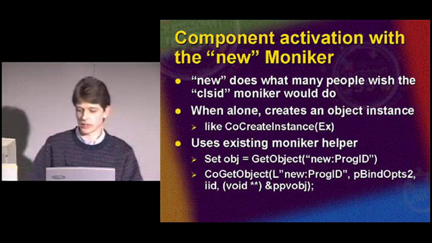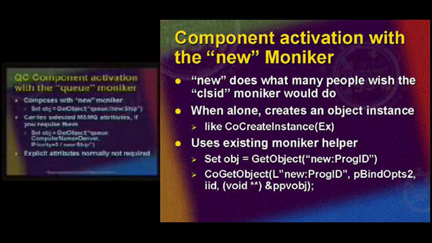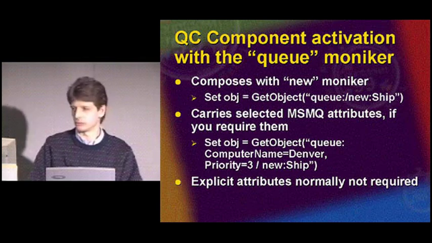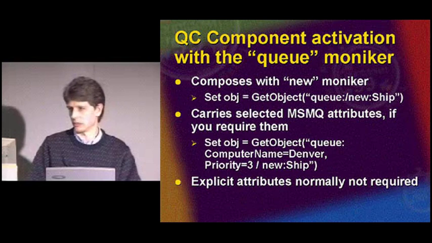So that gets us the first moniker, and all that does is create a direct instance. What we actually want to do now is create a queued component. To do that, we use the queue moniker, which composes with the new moniker to create queued components. In the first Visual Basic example there, we create a ship object using the queue and the new moniker composed.